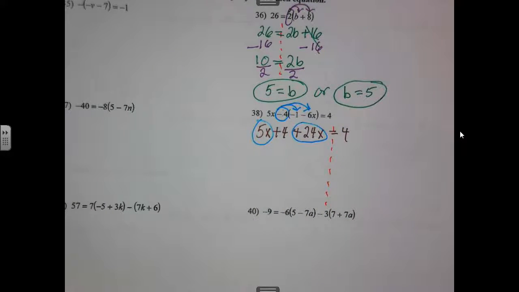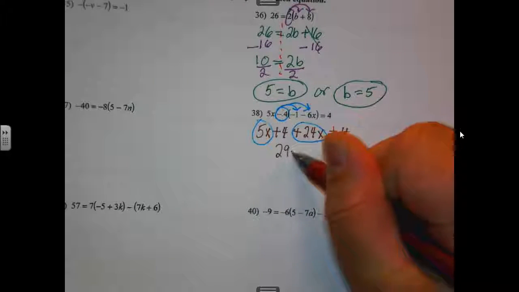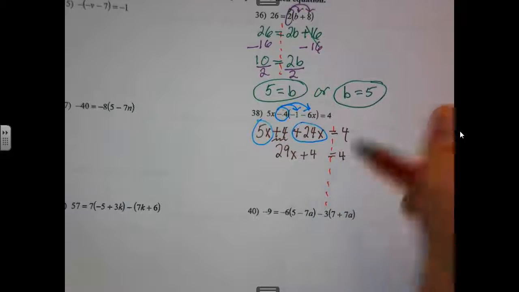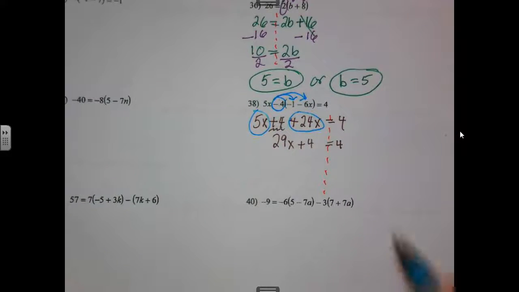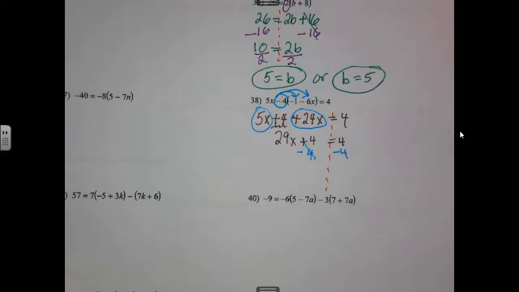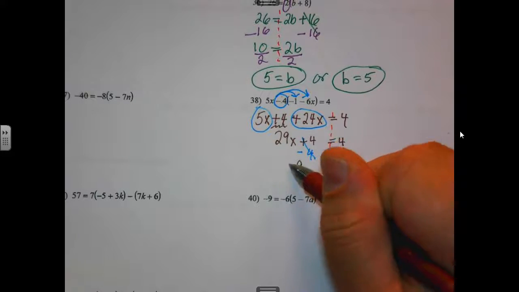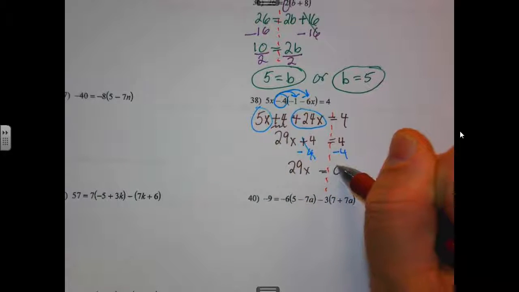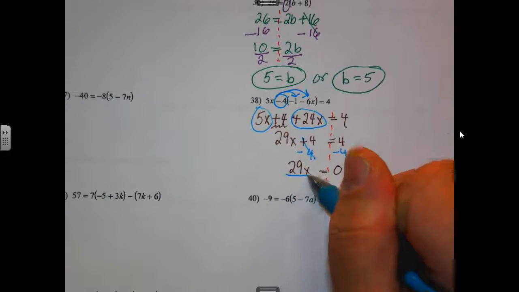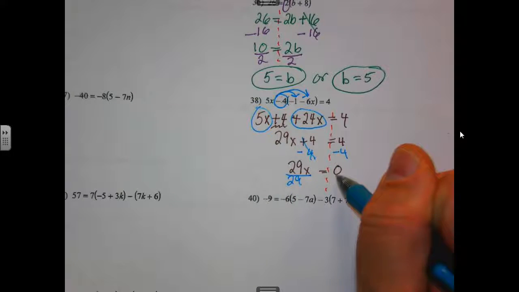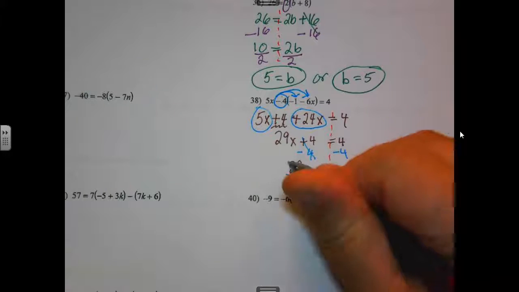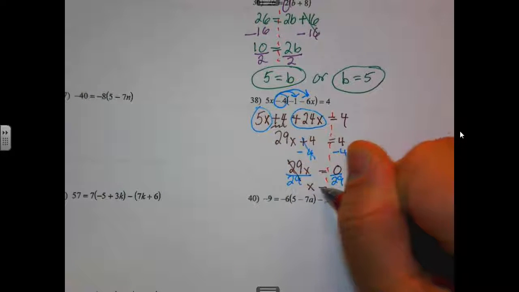So I'm going to combine those. 29x plus 4 equals 4. Subtract 4 from both sides. 29x equals 0. Keep going. Don't stop just because you get a 0. Divide both sides by 29. I can divide 0 by a number. I just can't divide a number by 0. I get x equals 0.